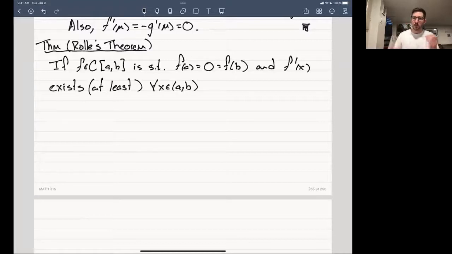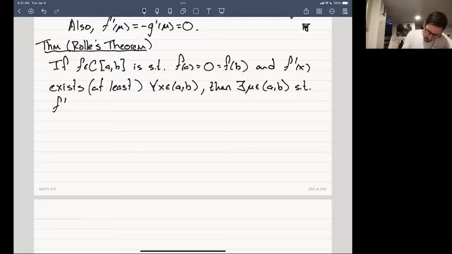See if you can use the definition to prove that. Then there exists some point in between a and b such that the derivative has to be equal to 0.